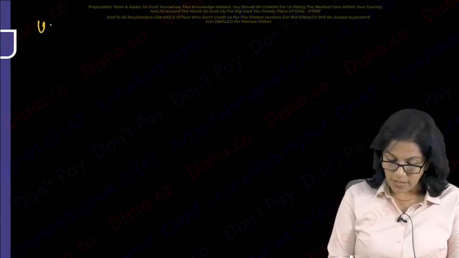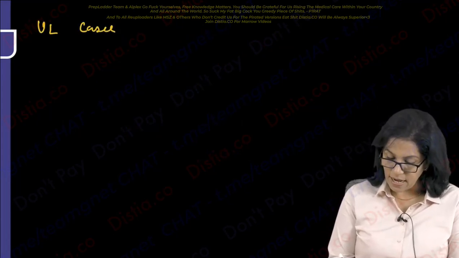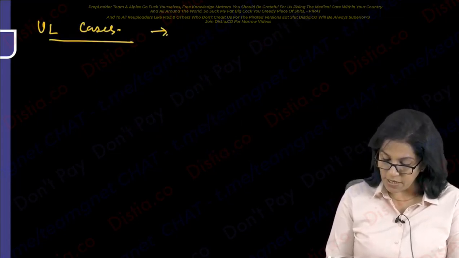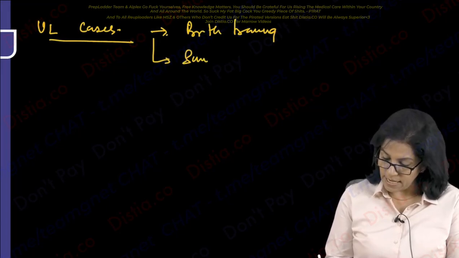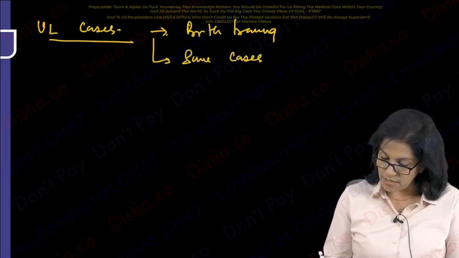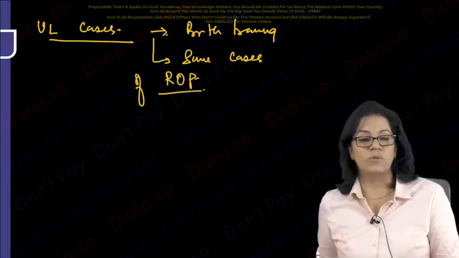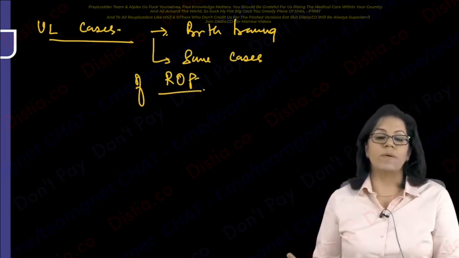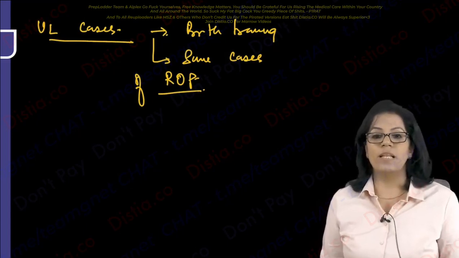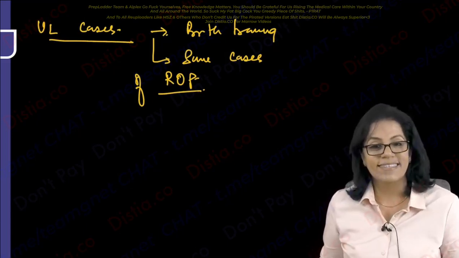Congenital unilateral cases are not that common, and they are generally due to birth trauma or some cases of ROP, not all, but some cases of retinopathy of prematurity. We will talk about this in the retina chapter. Where there can be both unilateral or bilateral, but these are the main cause of unilateral congenital cataract.